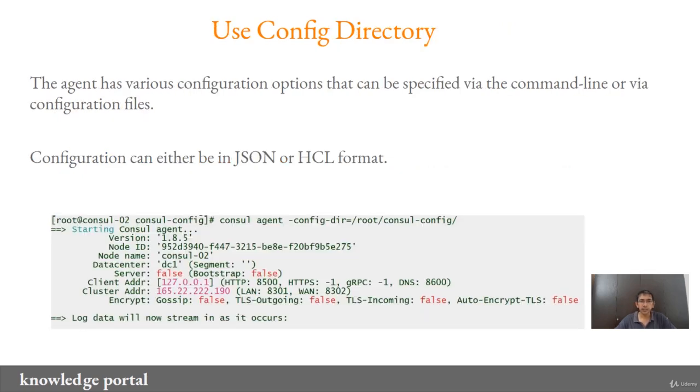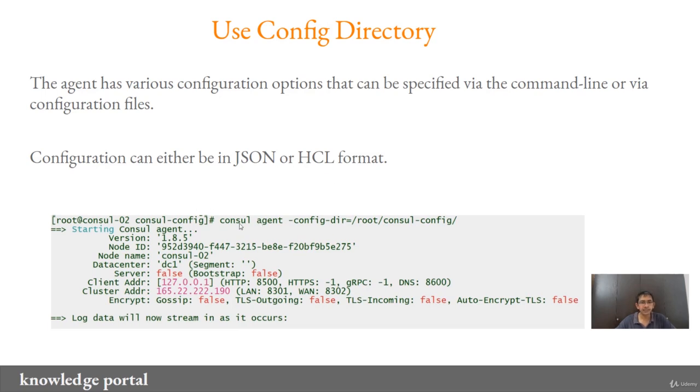Now one important part to remember is that the agent has various configuration options that can be specified via the command line, which is something that we have been doing, or it can also be specified within the configuration files. A configuration file can be written in either JSON or HCL format.